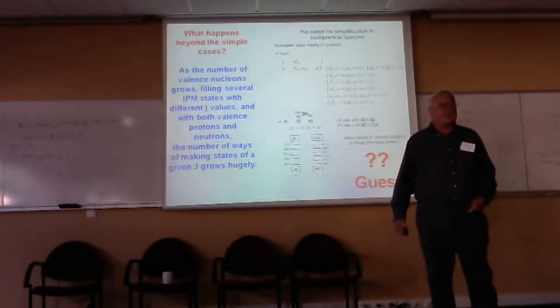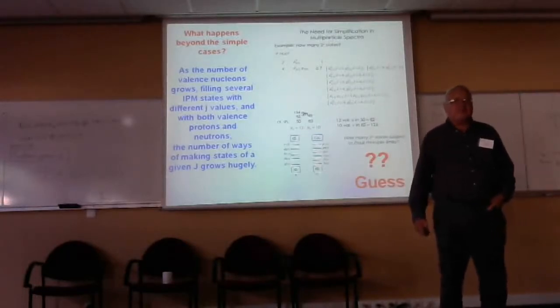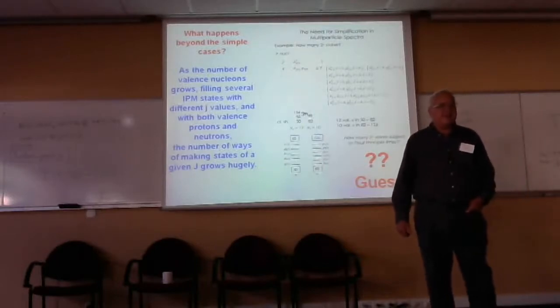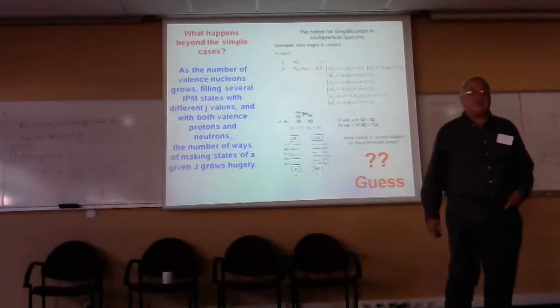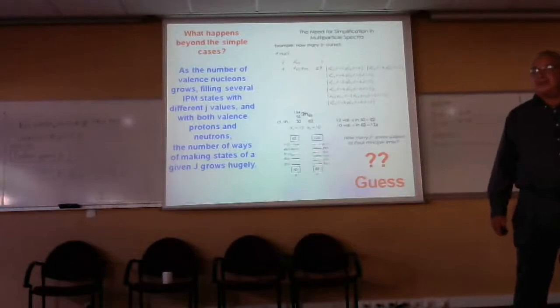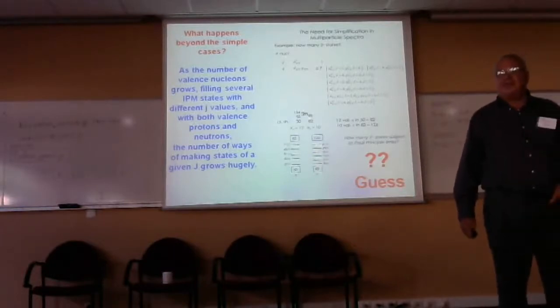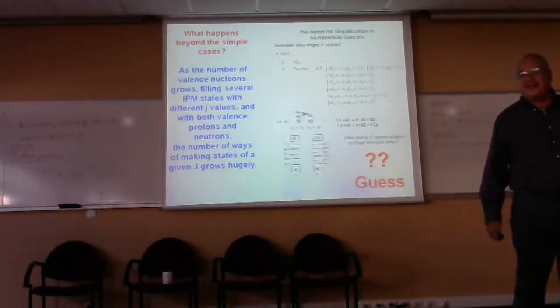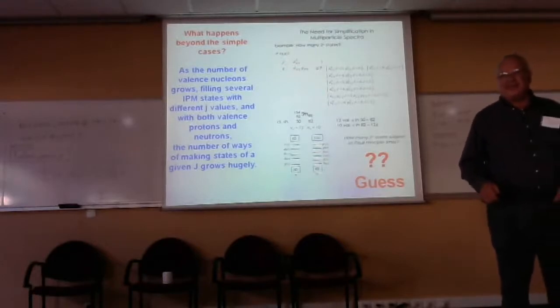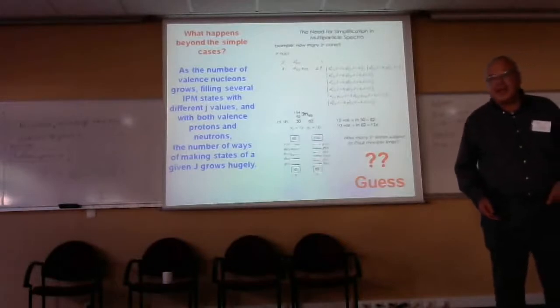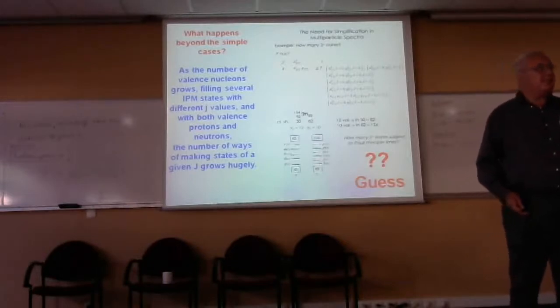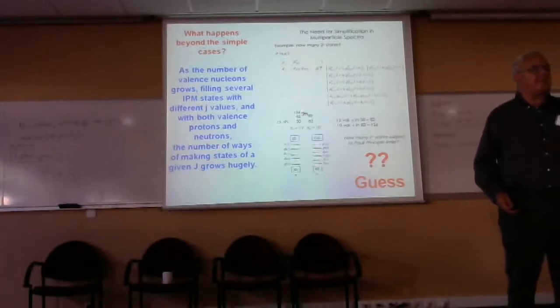How many 2 plus states? I'm going to point to somebody in a minute. So somebody say something. 10 to the power 4. 10,000? I don't know. Okay, good answer. Some other answer? Yeah, well, 10 up to 10. Another answer?